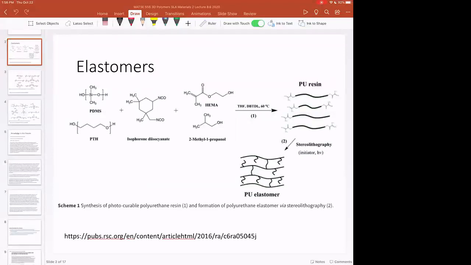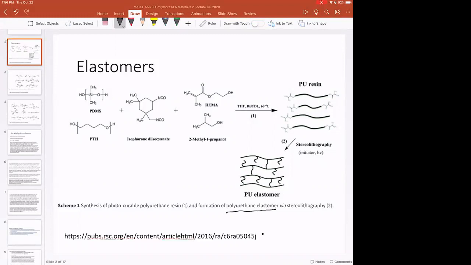So we just saw an example of making elastomers by mixing two different components, by mixing a crosslinker and by varying the flexible and rigid components. And so the way to elastomers in general, and this is a paper on polyurethane elastomers.